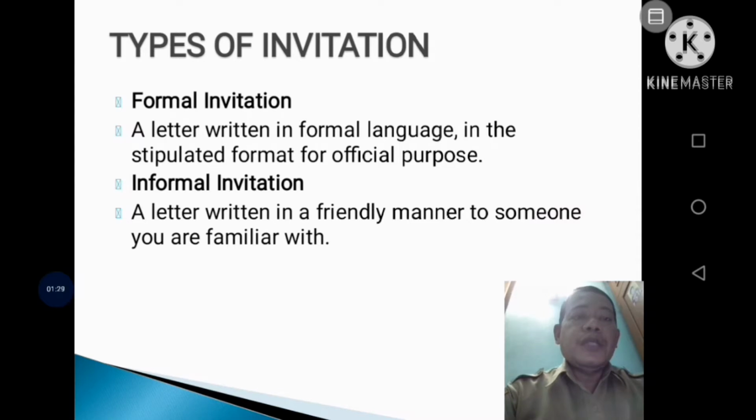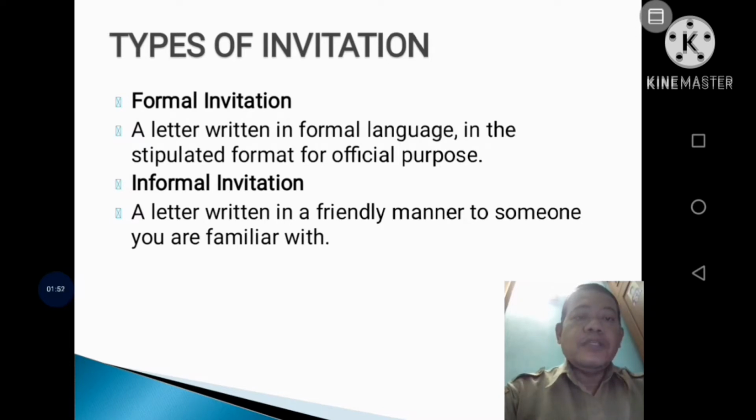Actually, invitation can be divided into two types. The first is formal invitation, and the second is informal invitation. Formal invitation is a letter written in formal language in the stipulated format for official purpose.